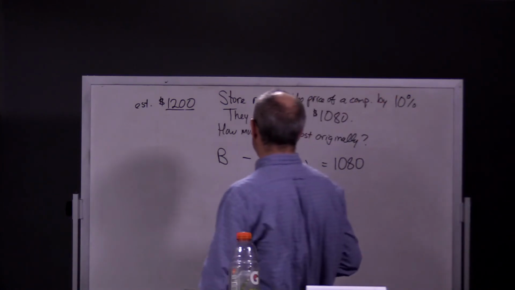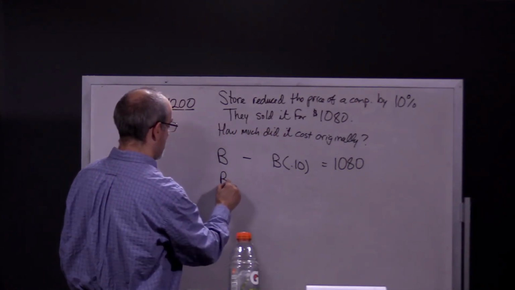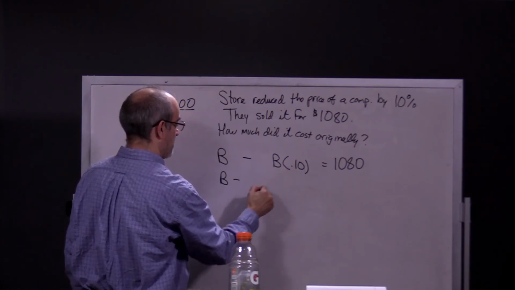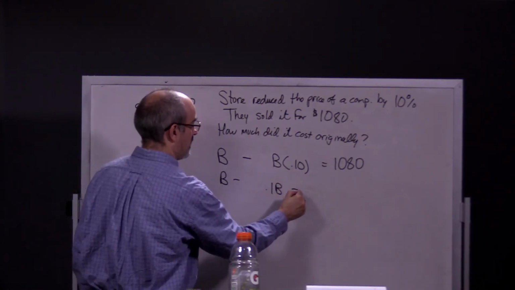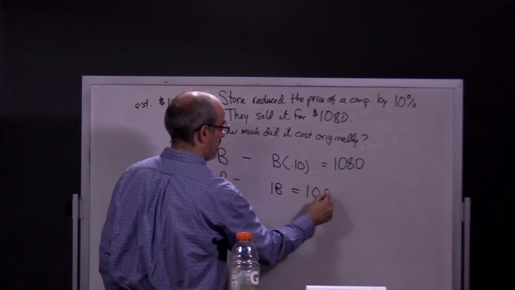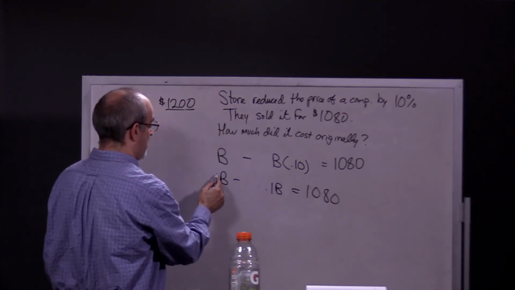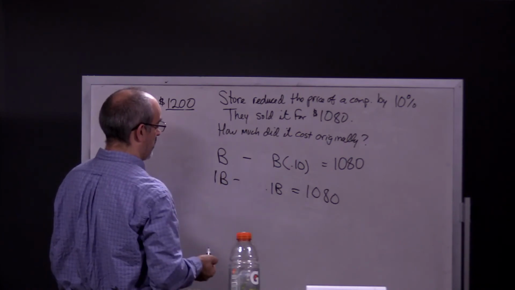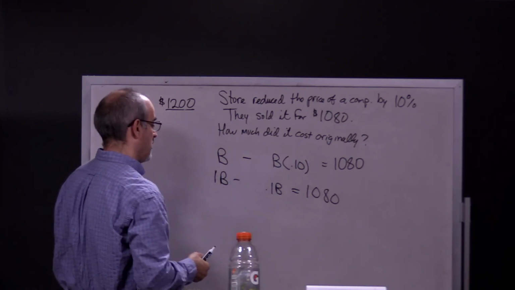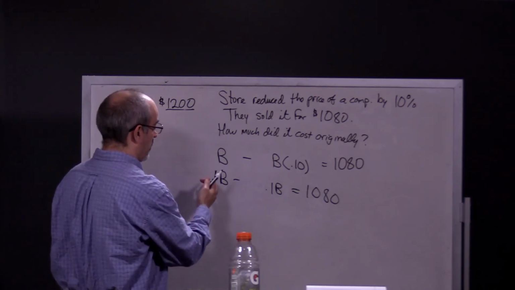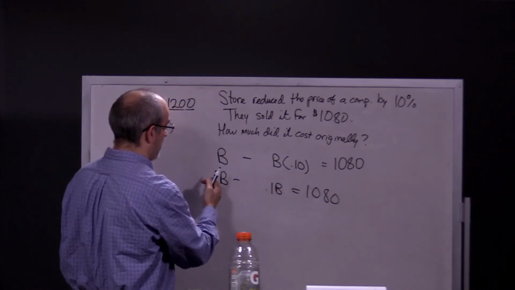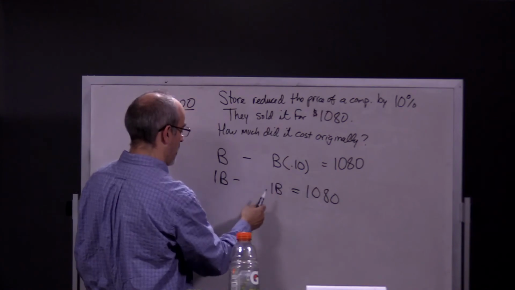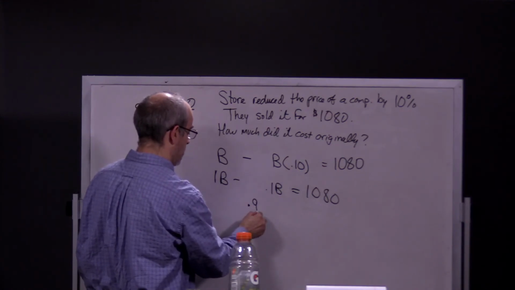So this is the beginning price, this is the amount of the discount, that's the final price. Okay. So B is still B. B times 0.10 is 0.1B. Now, there's not a number out here, but there really is, the number 1. Right? So, this becomes an algebra problem. 1B minus 0.1B is 0.9B.